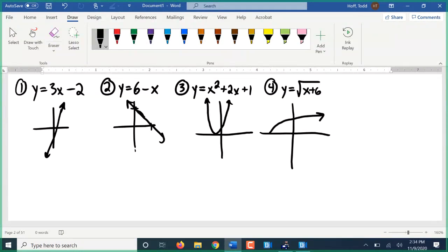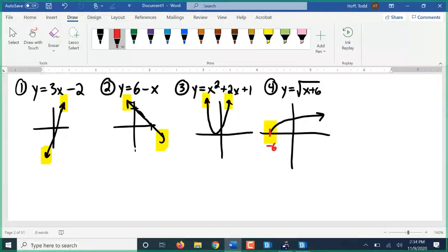Now you'll notice all the other graphs we've made here, I put arrowheads on both ends, because all three of those first three graphs continue to go in either direction. I could extend those lines and keep going with them. This one here does not have an arrow on that end, because that point there corresponds to x equals negative 6.